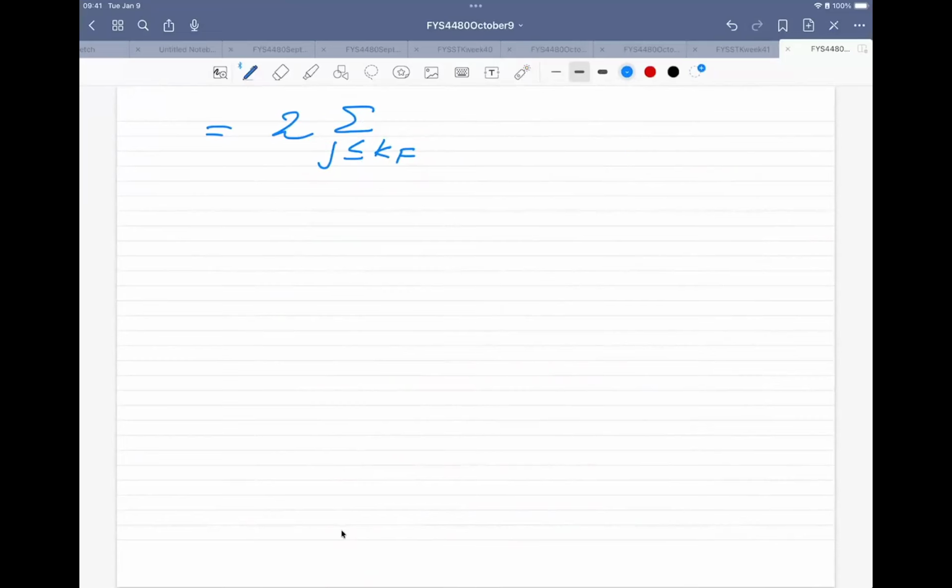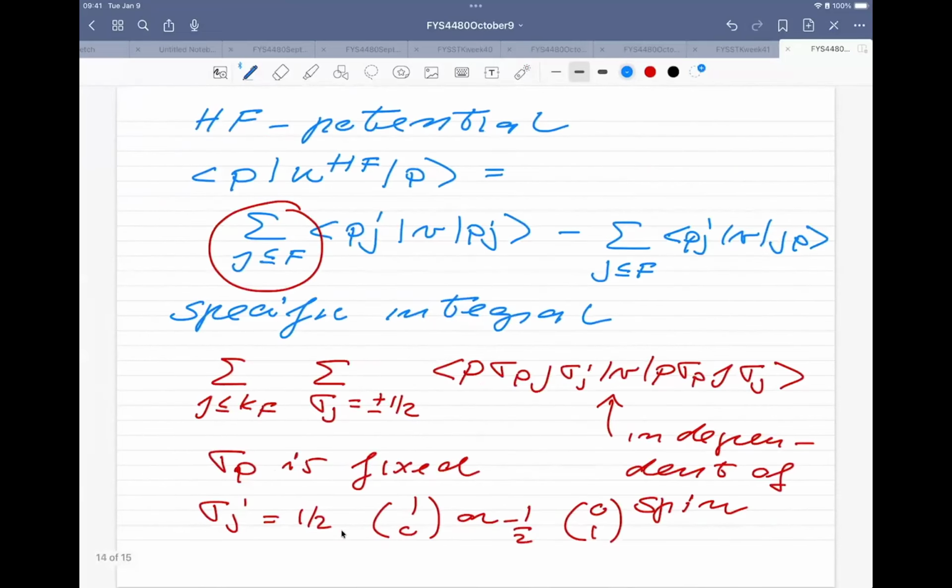Now for my spin degrees of freedom, keep in mind that the interaction here does not depend on spin. So the spin degrees of freedom are not being acted upon by V. That means the following: if this one here is given by 1, 0, then this one here is also given by 1, 0.